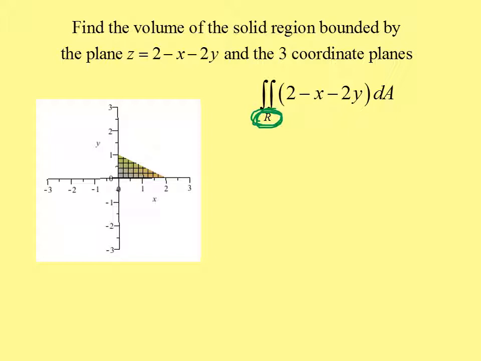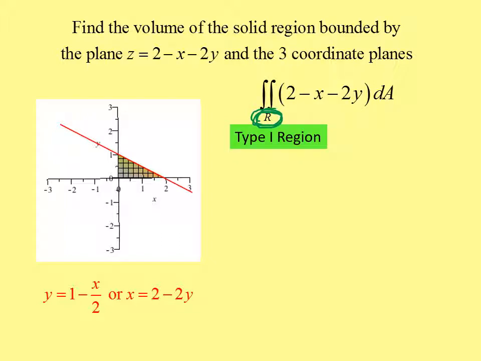And so we need to describe that region now as either a type 1 or a type 2 region. So I've taken that line, found an equation for that line. y is 1 minus x over 2, or x is 2 minus 2y. Both of those are the same equation, just written differently. One's a function of x, the other's a function of y. And if we do it as a type 1 region, we would imagine vertical rectangles, dy first.